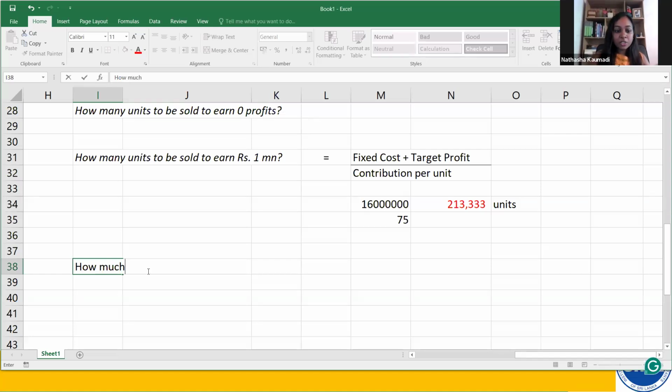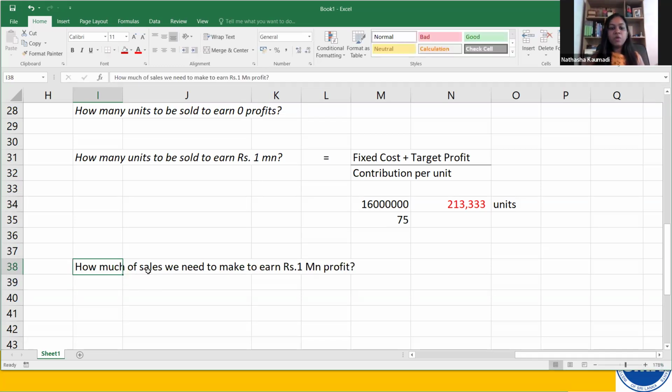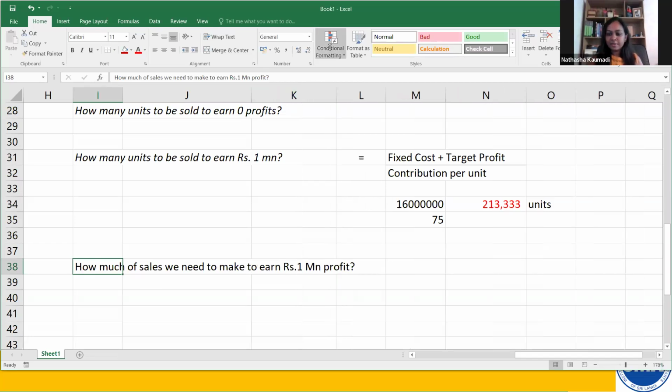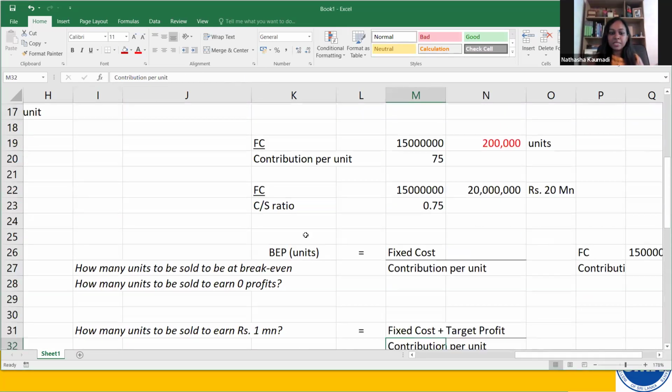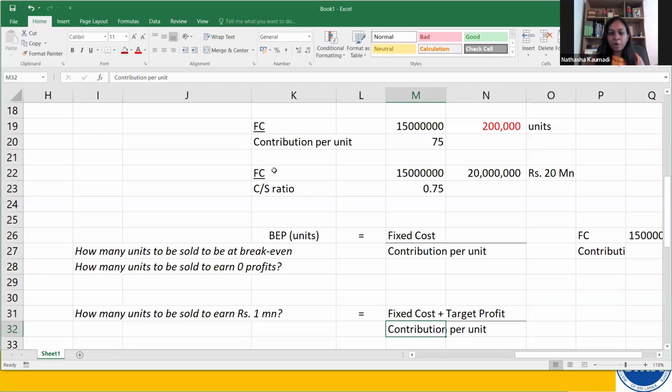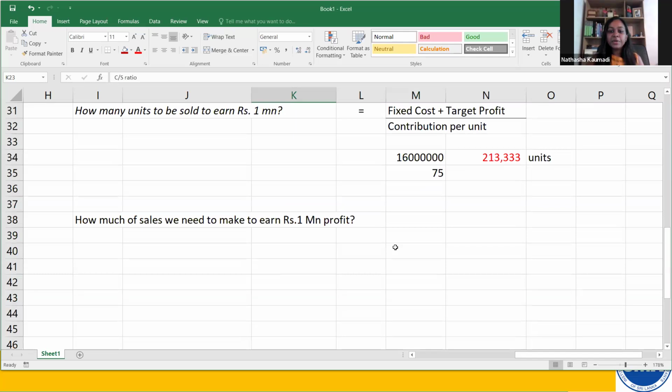But how much of sales do we need to make to earn 1 million rupees profit? Now what is your answer? How can we calculate it? Instead of contribution per unit, what was the previous BEP rupees formula? Fixed cost divided by CS ratio. Same thing you can do.